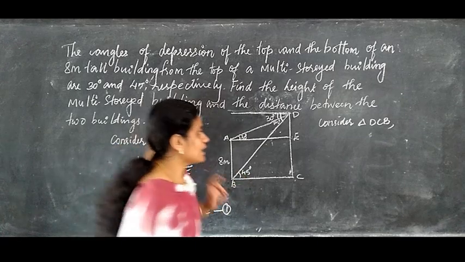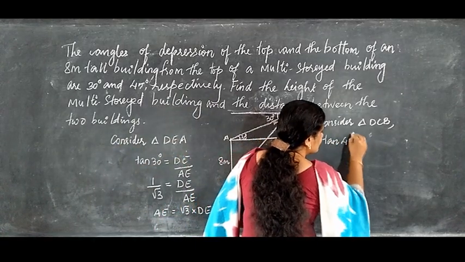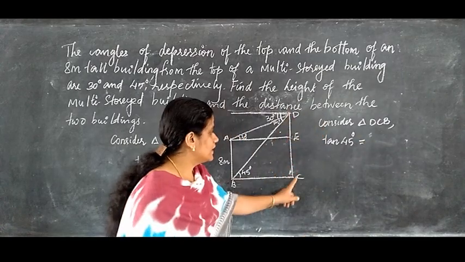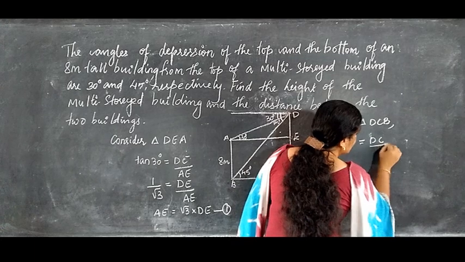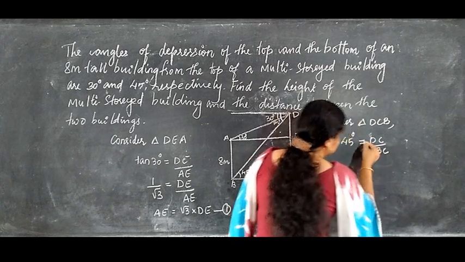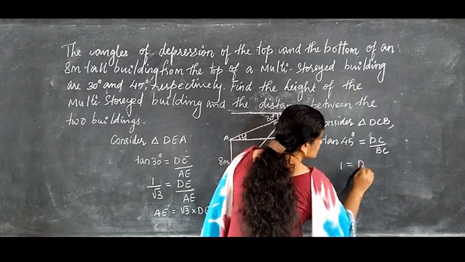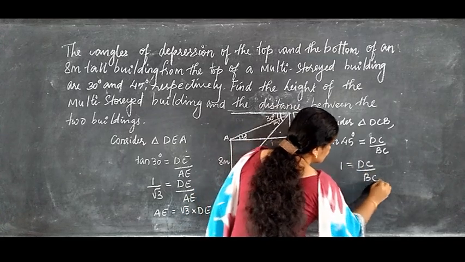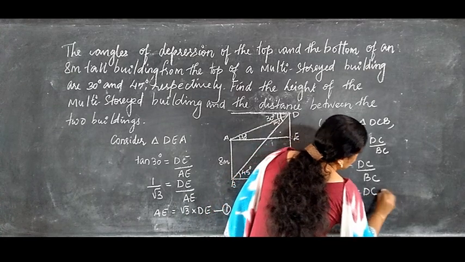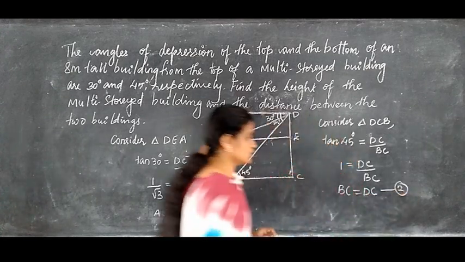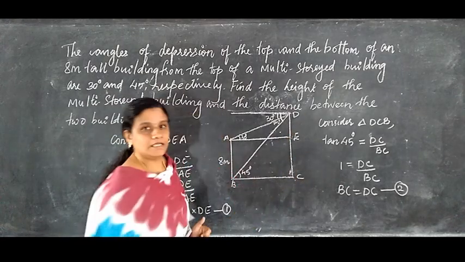So we can write tan 45 degrees is equal to DC by BC. What is tan 45 degrees? 1. So 1 is equal to DC by BC. That is, BC is equal to DC. This is equation number 2. BC and DC are equal.